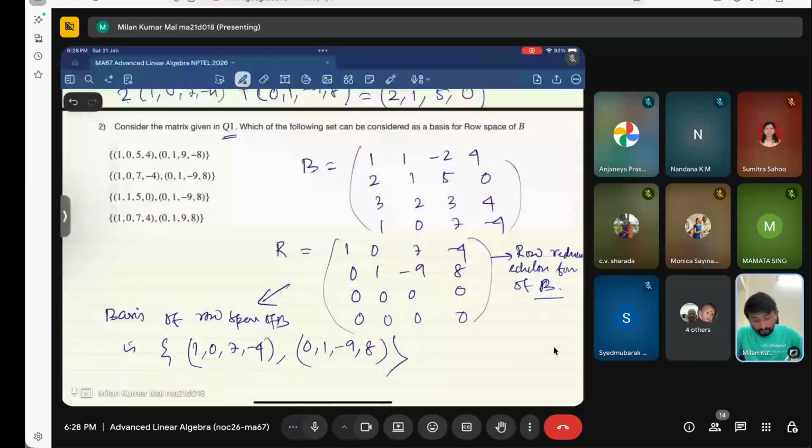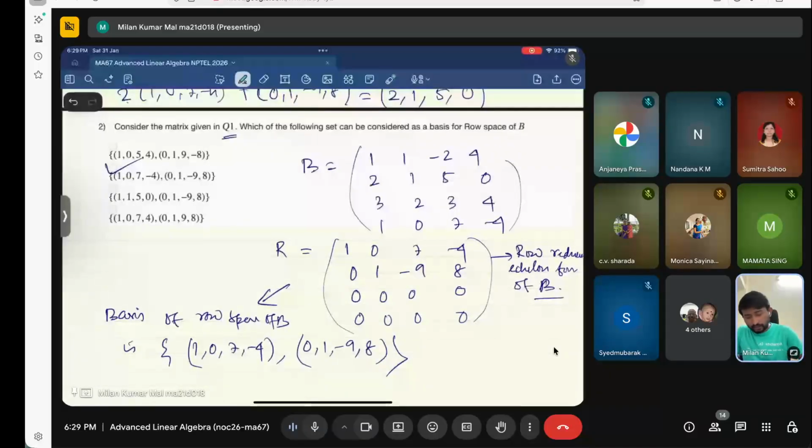Now here is 1, 0, 7, 4, but that is 4, not minus 4. So this is what it is, not the other, because you can't get another matrix from the row reduction process. You can interchange the rows, that's a separate thing, but mostly you'll get this matrix only.